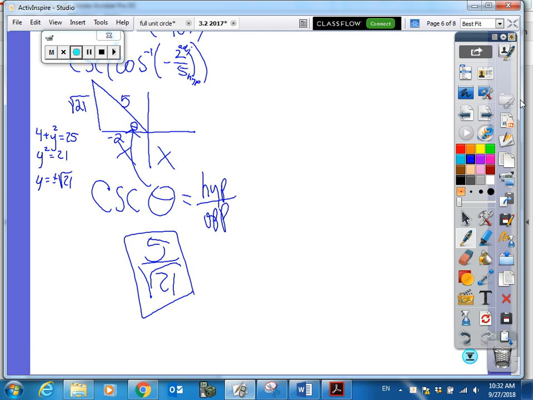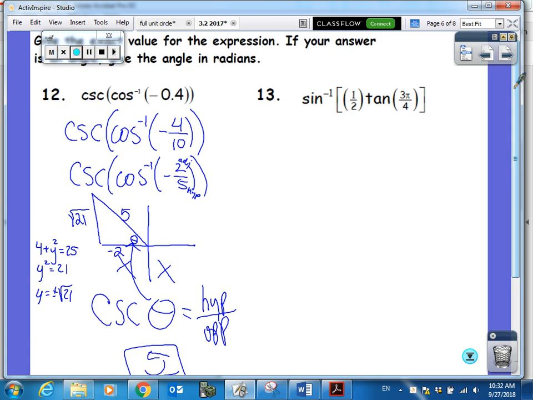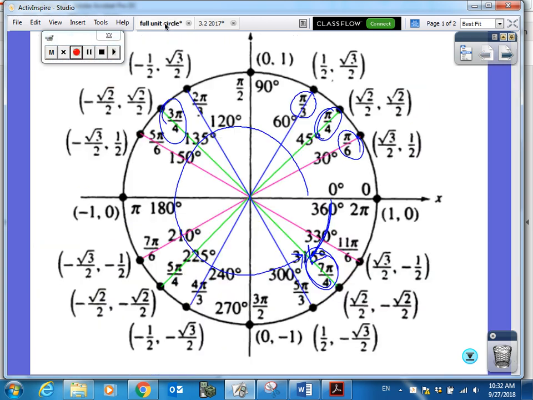All right, this next one, maybe. Take away that inverse tangent for a minute. Or inverse sine. We're right back to unit 1. 1/2 times the tangent of 3 pi over 4. So 1/2 the tangent of 3 pi over 4. 3 pi over 4, the tangent y over x.